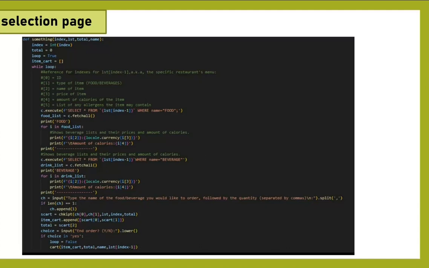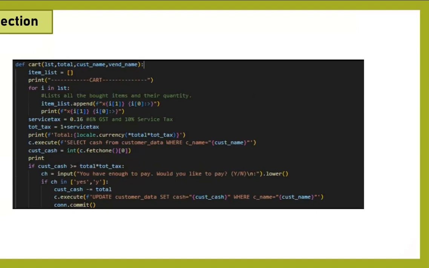Then after that, we ask the user if they want to continue ordering or not. If they don't want to end their order, it will loop again until they decide to end their order. For clarification, it will loop from the beginning, which is the food and beverage menu. But if they decide to end, then we'll move on to the cart section.